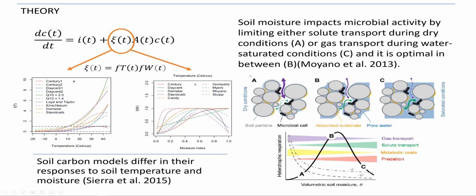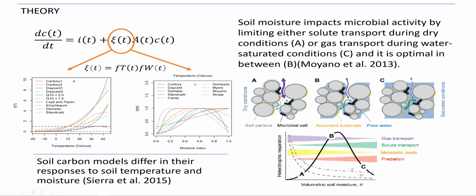But in theory, based on oxygen and substrate limitation to microbes, in dry conditions there is limitation in solute transfer, and in wet conditions there is limitation of oxygen and gas, and there are conditions in between when decomposition is optimal.